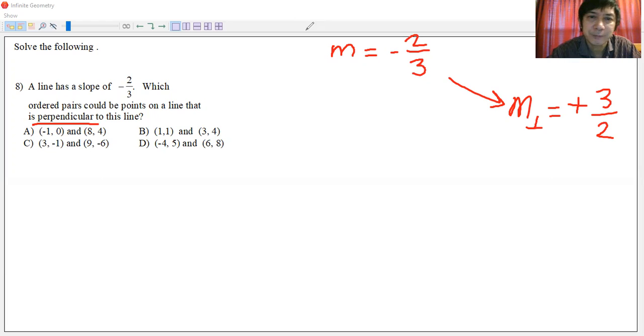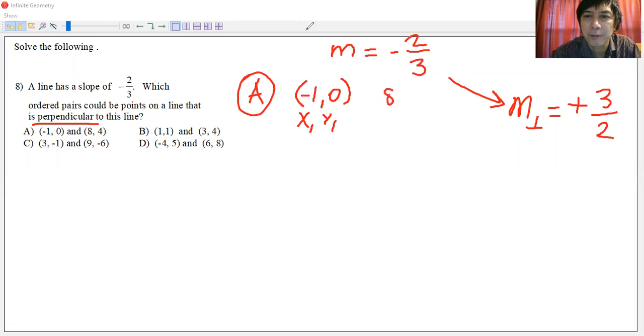Let's start with A. The first point is negative 1, 0. We shall label this x1, y1. The other point is 8, 4. We shall label this x2, y2.